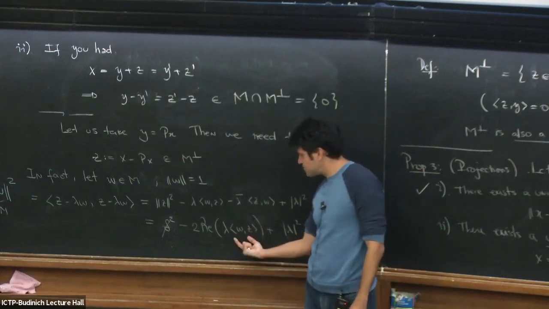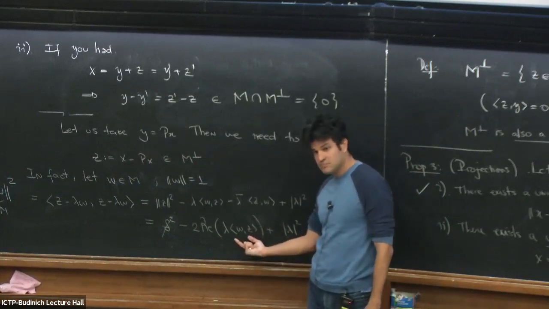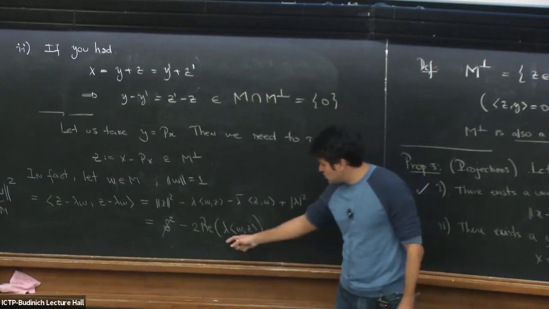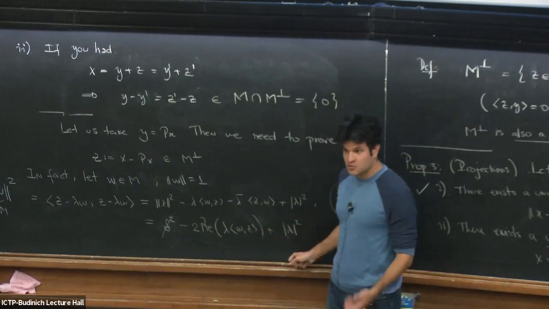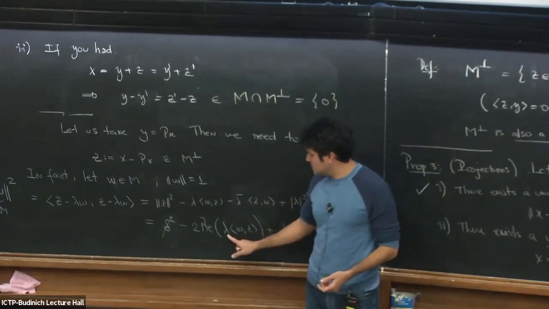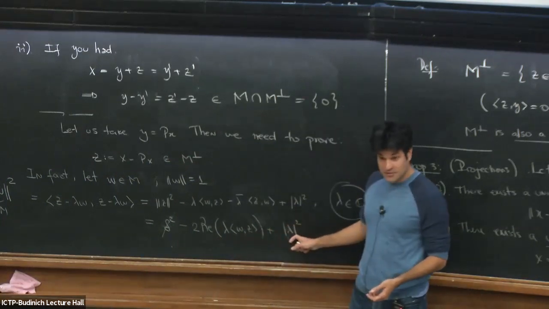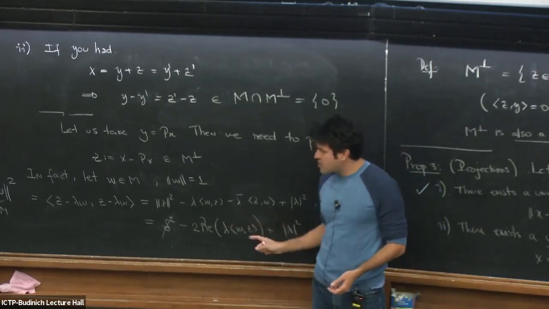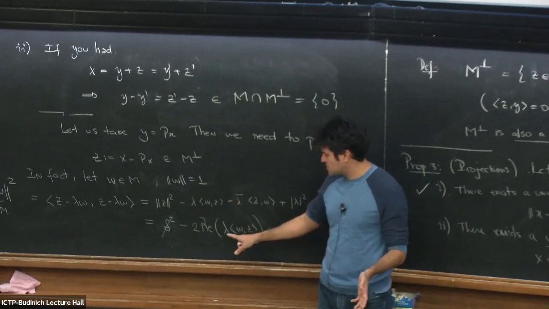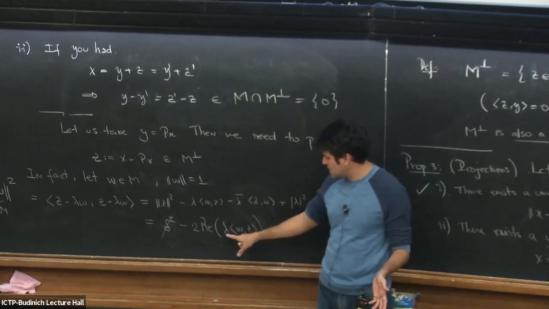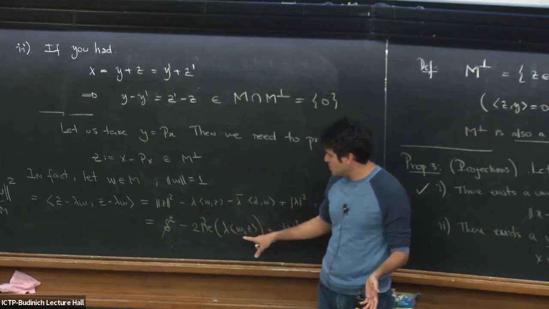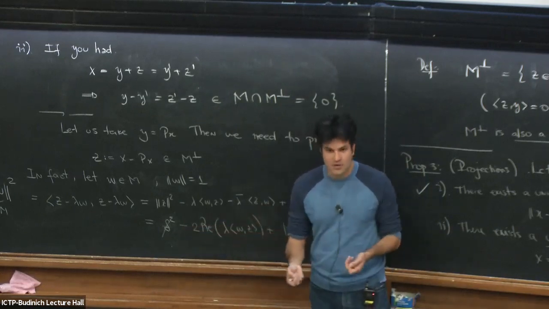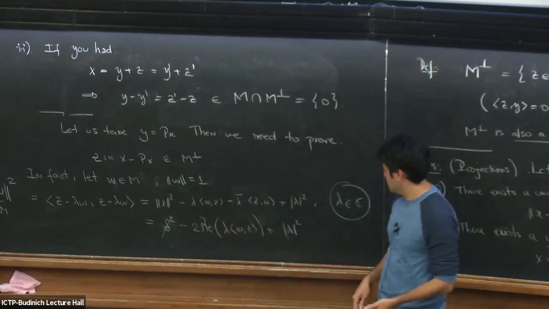Because if this inner product is not 0, okay, when lambda is very small, you are going to break it down. Because when lambda is very small, lambda is much bigger than lambda square. Okay? So if this is not 0, you will break this inequality for some complex lambda. Well, you have to align. You just choose lambda times this to be real and positive. So you get really minus 2 lambda. And then when lambda goes to 0, you break it down. Okay?